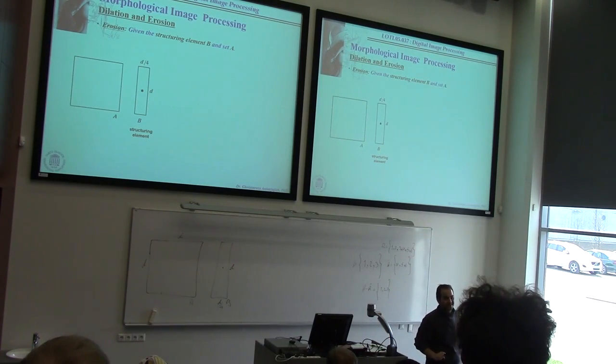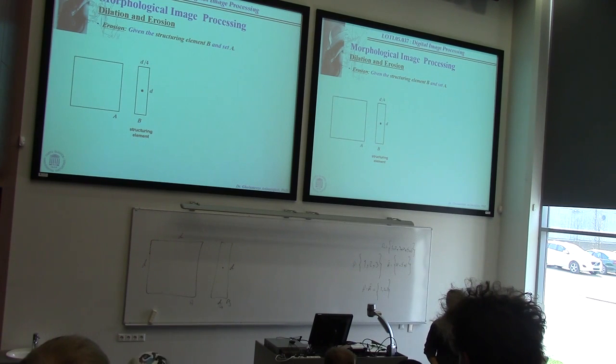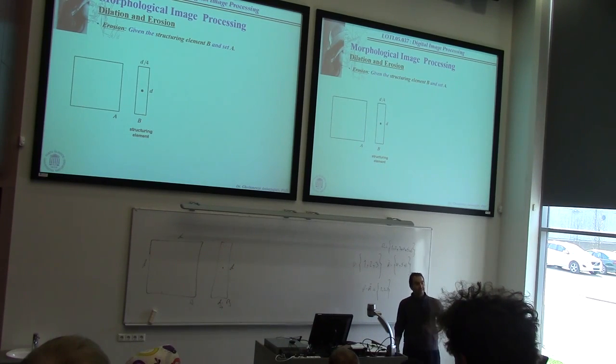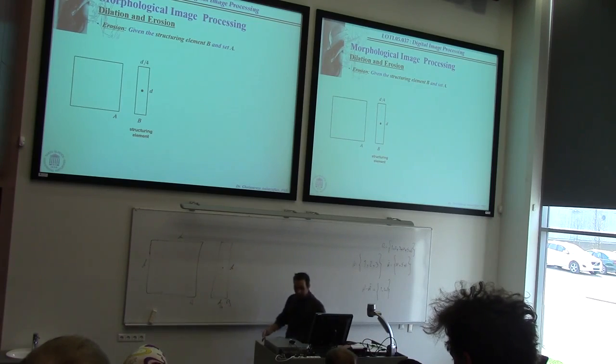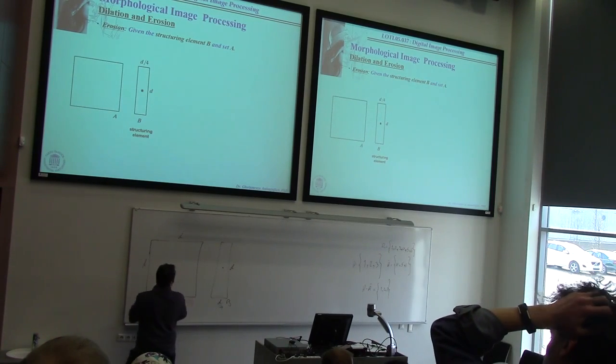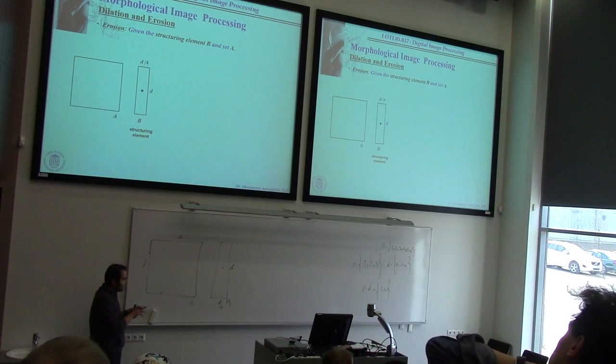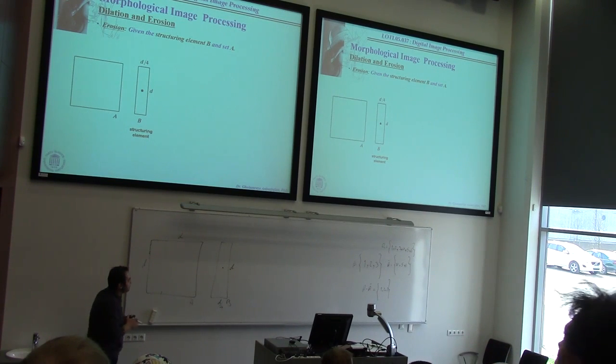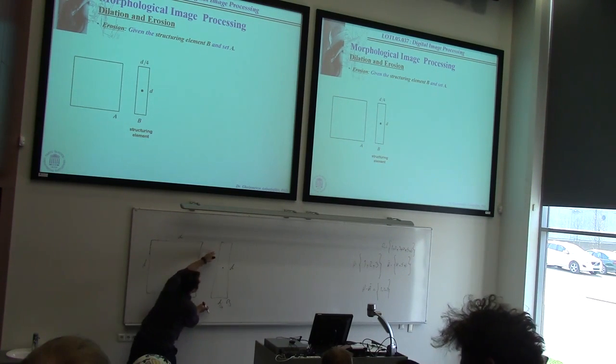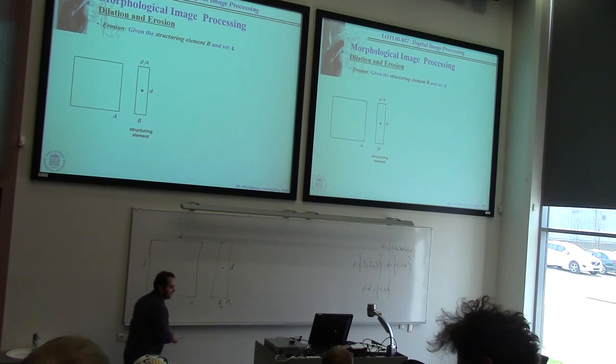What would be the result? We want to use erosion, just not dilation. Maybe some shape like that. Exactly. Because in erosion, we know that all parts of the set of B have to be inside the set of A.